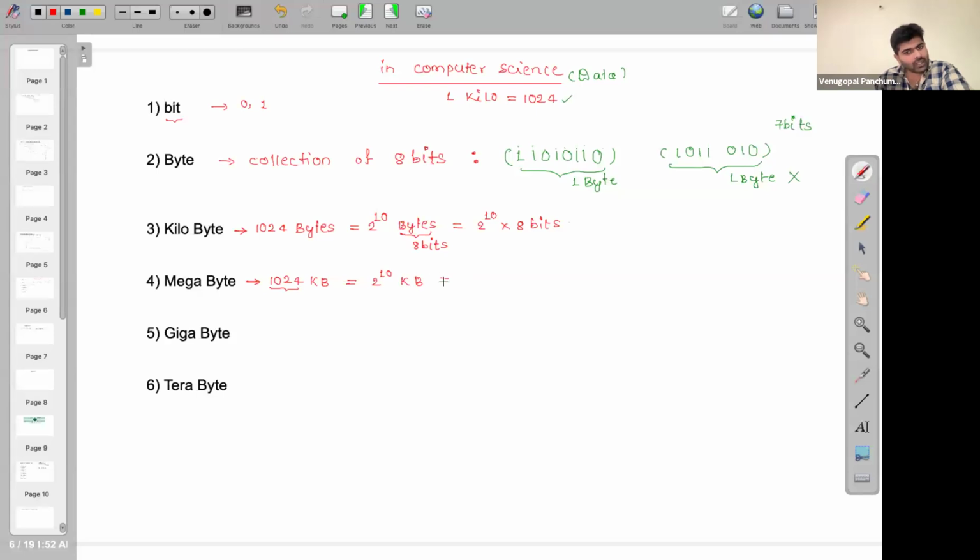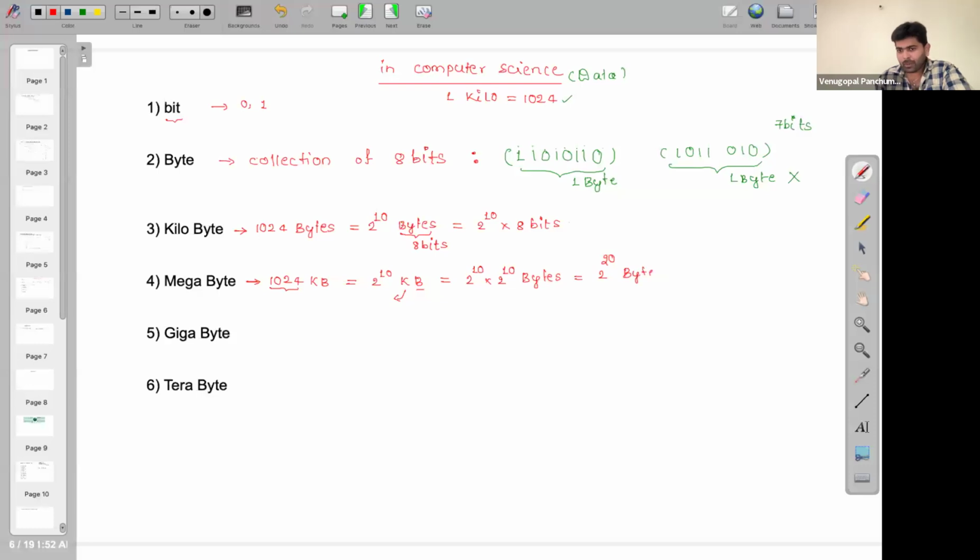Now, if I want to write this in terms of bytes, then tell me what it is. 1 kilo is nothing but 2 power 10, right? So already you have 2 power 10. So this is 2 power 10 into another 2 power 10, that is in bytes, which is nothing but 2 power 20 bytes.